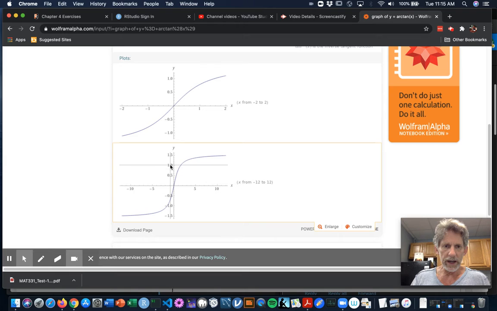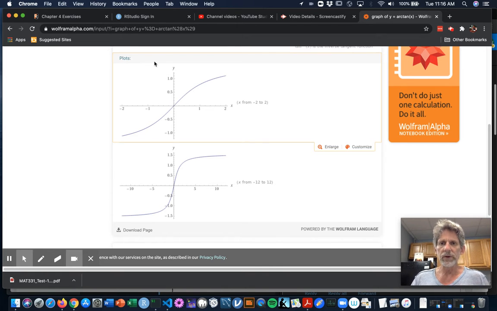And along the y-axis, you get your angles, and you'll notice that it seems to go up to a level that looks like about pi over 2, and down to a level that looks like about minus pi over 2. If you wanted the limit as x goes to plus infinity, you're heading up to pi over 2. If you want the limit as x goes to minus infinity, it looks like you're heading down to minus pi over 2. So you could figure limits out like that by looking at a graph.